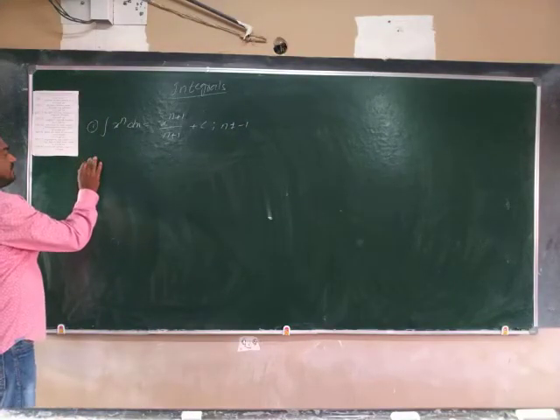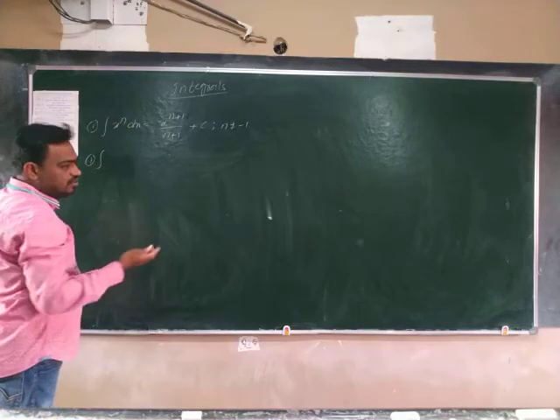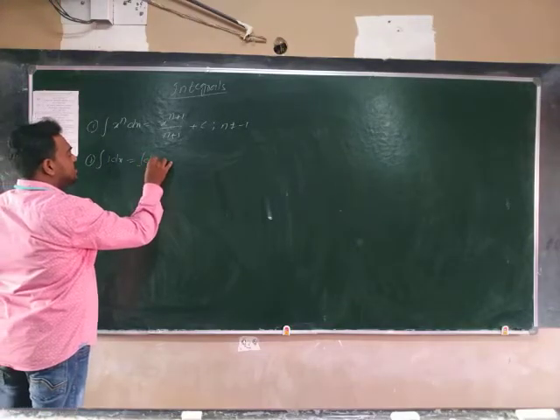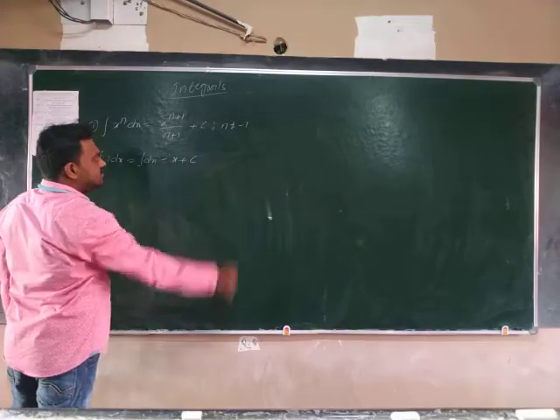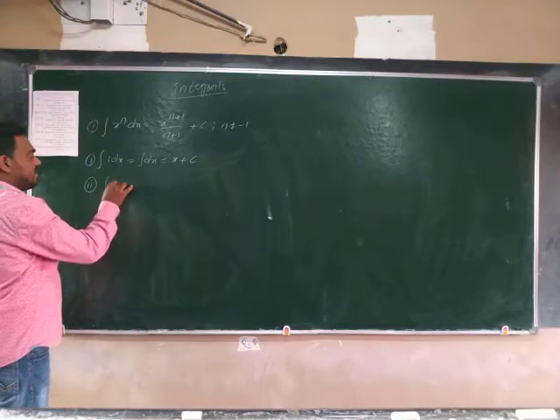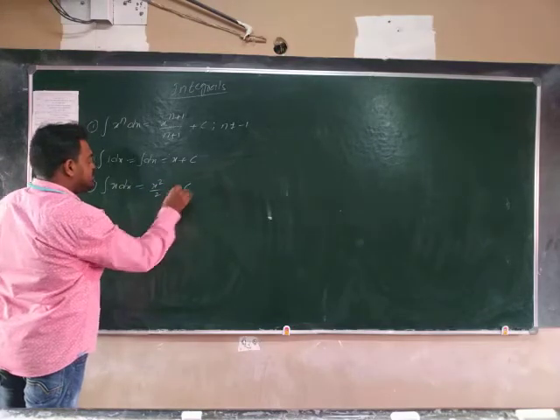In these, some formulas I am writing. Integration of x to the power of 0, nothing but 1 dx, is equal to integration of dx, which is equal to x plus c. Second one, integration of x dx is equal to x square by 2 plus c.